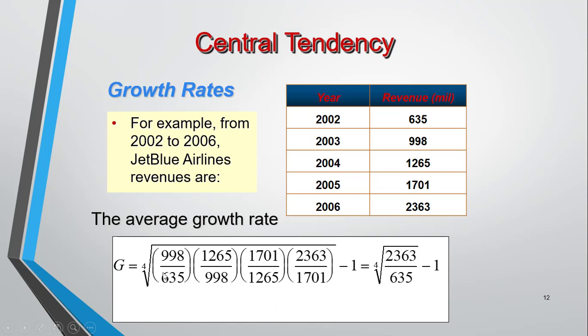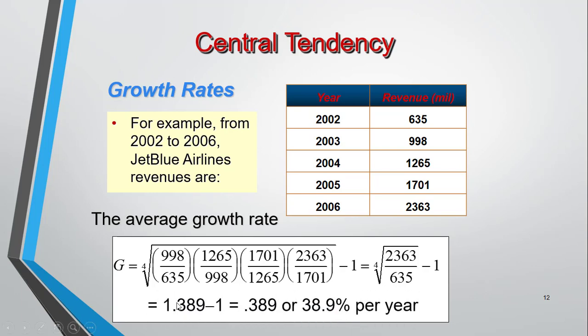If you notice, when you multiply these, the 1701 here and here cancel each other. 1265 cancel each other. 998 cancel each other. Basically all you have is 2363 over 635. That's exactly what is here. And we can calculate that.